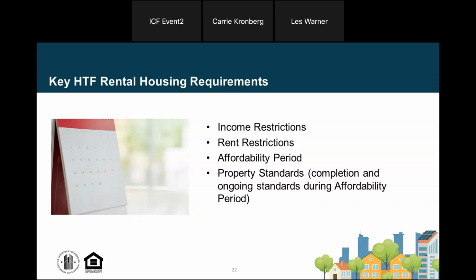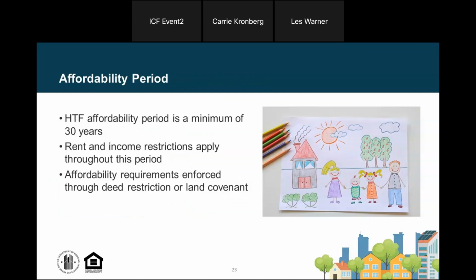We want to make sure that those units remain in habitable condition, are going to be decent, safe, and sanitary for those households. That remains as a restriction throughout that minimum of 30-year affordability period.